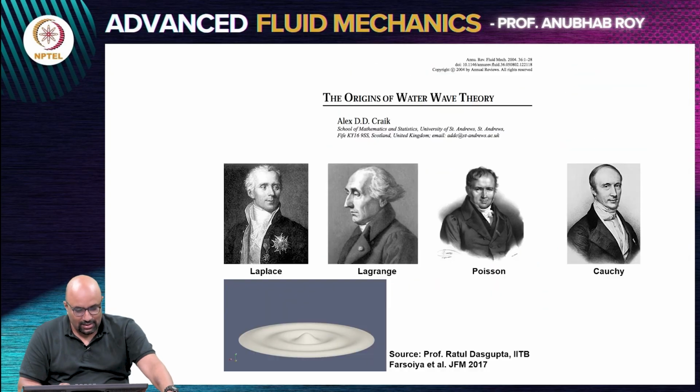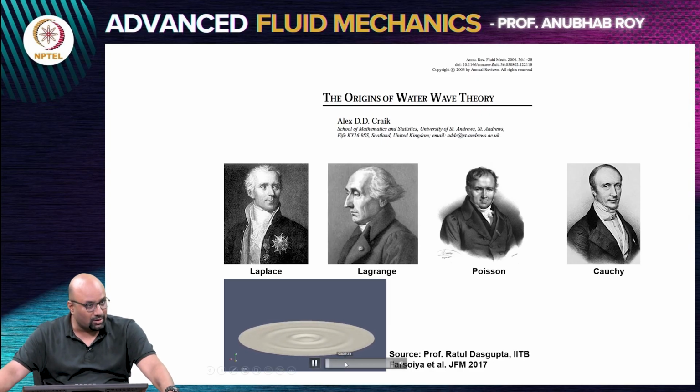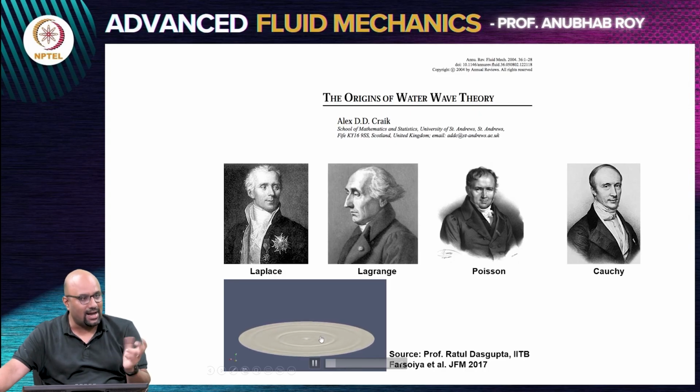So, this detour was to talk about water waves, and this is the example that I was telling you about: when you have a glass of water and you do this as a simulation, with that axisymmetric kind of geometry, when you give it a tap, you are going to see these kinds of ripples. Whatever you are seeing here is the cylindrical or axisymmetric analog of what we just derived in the last few minutes.